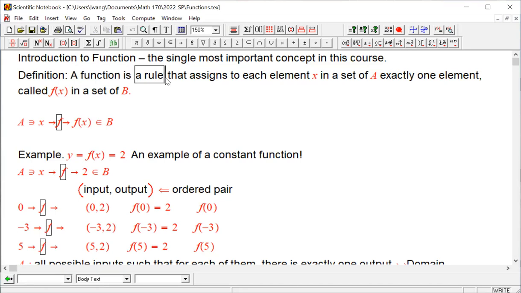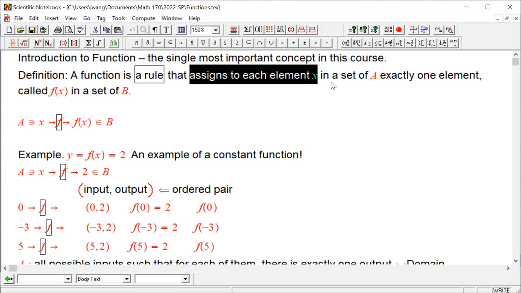is a rule, okay? It's a rule, but this rule has to comply with certain conditions, right? So that is a description of what this rule must be. So this rule assigns to each element x in a set A, okay?